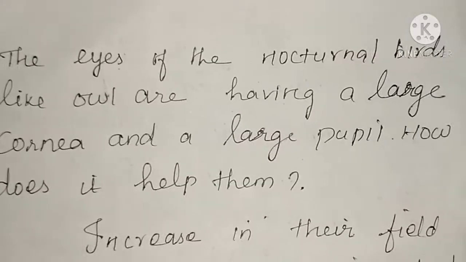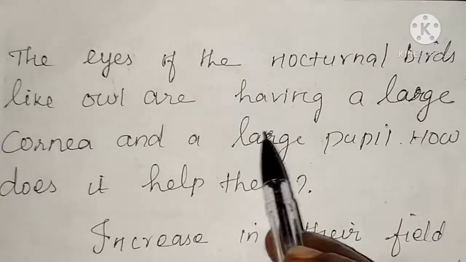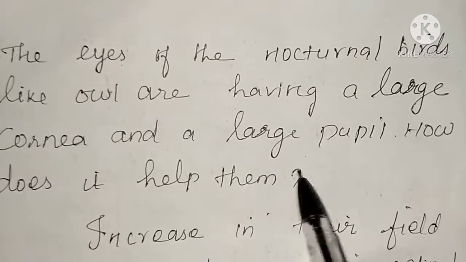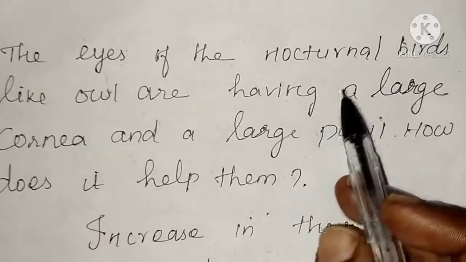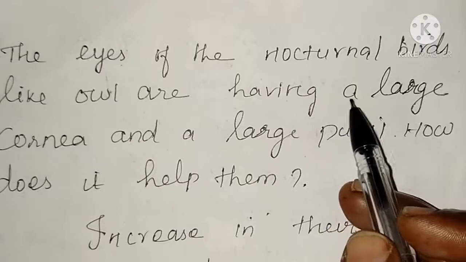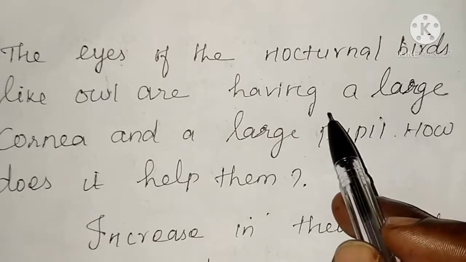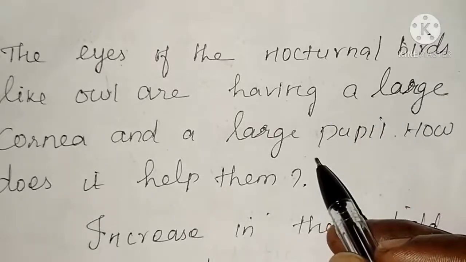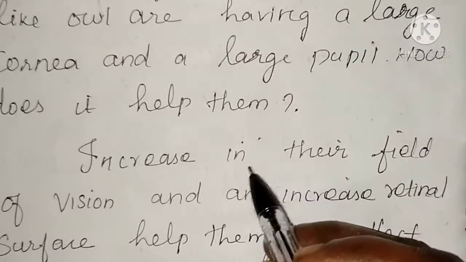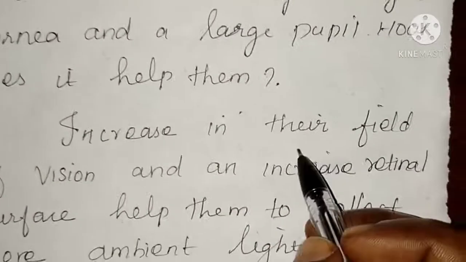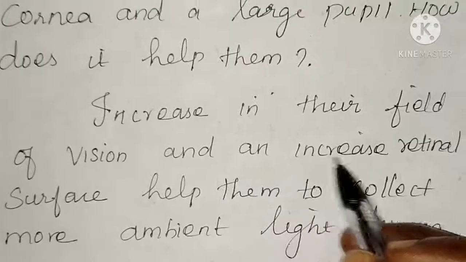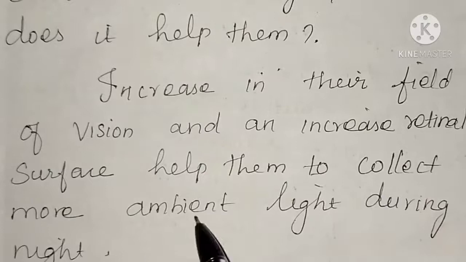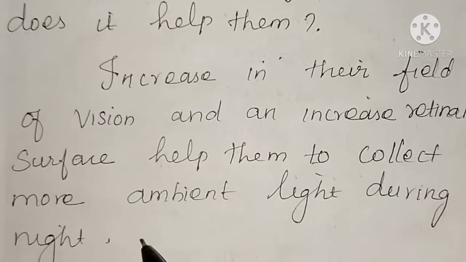Now the second question. The eyes of nocturnal birds like the owl have a large cornea and a large pupil. How does it help them? You all know that this bird is able to see during night time also, isn't it? So what helps the bird to see objects? Listen here, write it. Increase in their field of vision and an increased retinal surface help them to collect more ambient light during night.